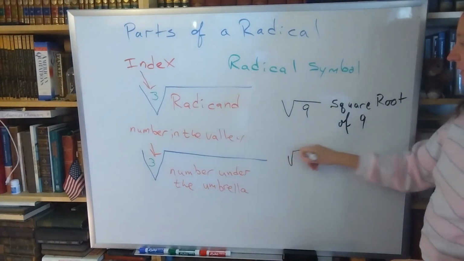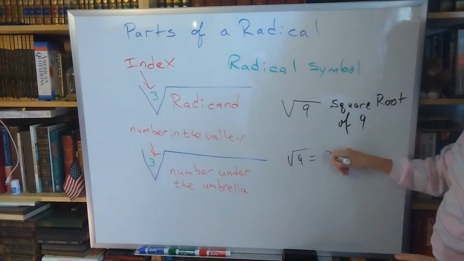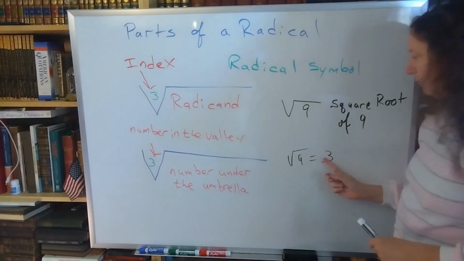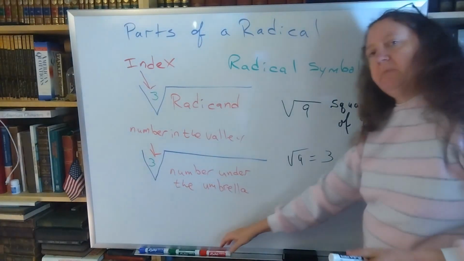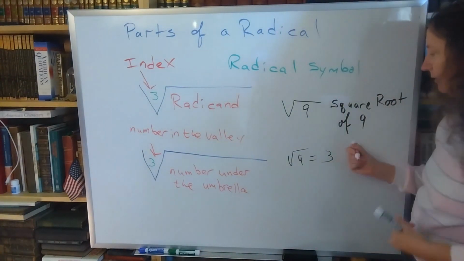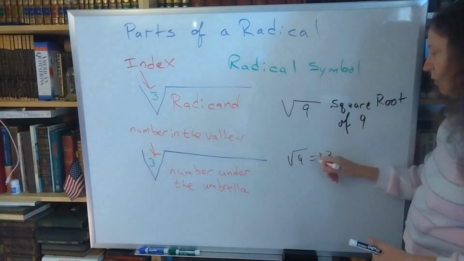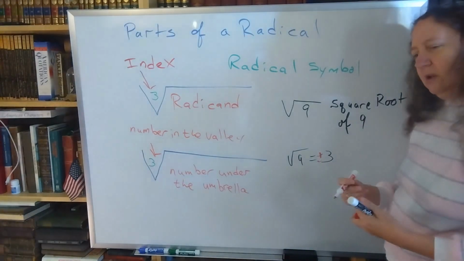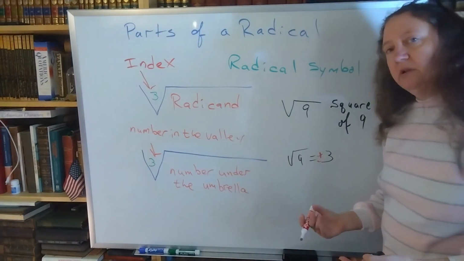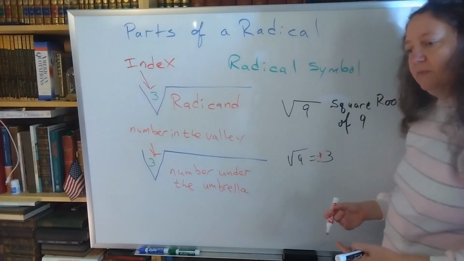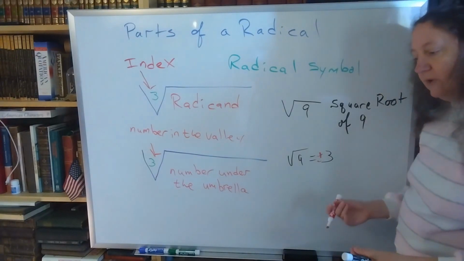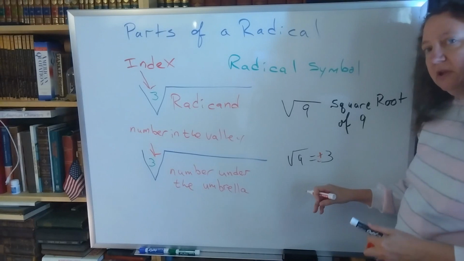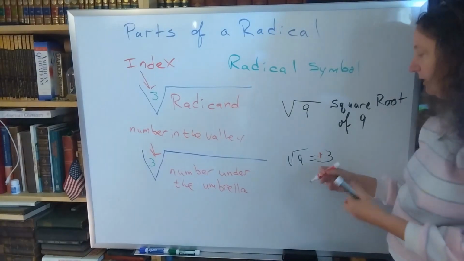And we know that the square root of 9 is 3. So with this, you have to remember, though, that the 3 could be positive or negative. But in your introductory pre-algebra, in your introductory algebra classes, we will deal mostly with just the positives until you learn how to deal with negatives.